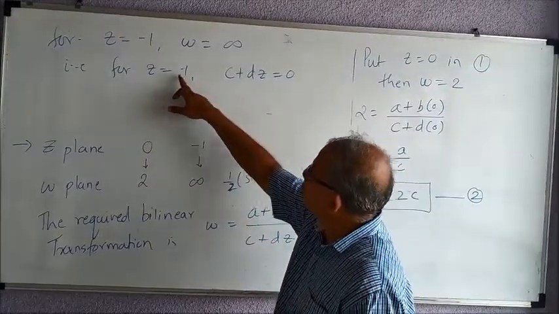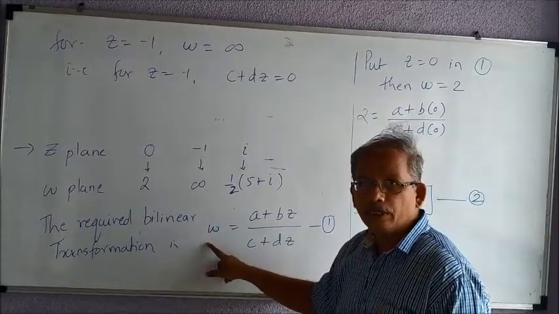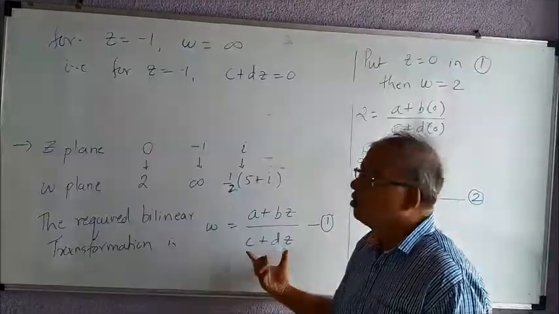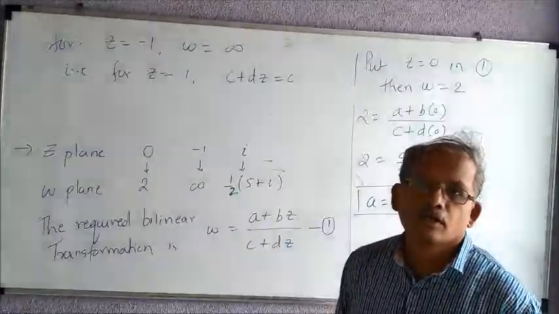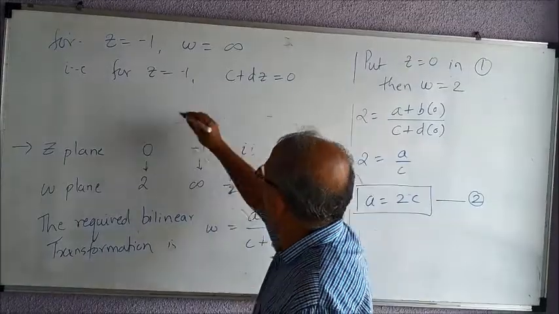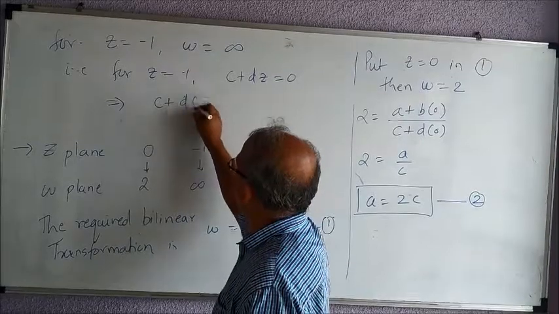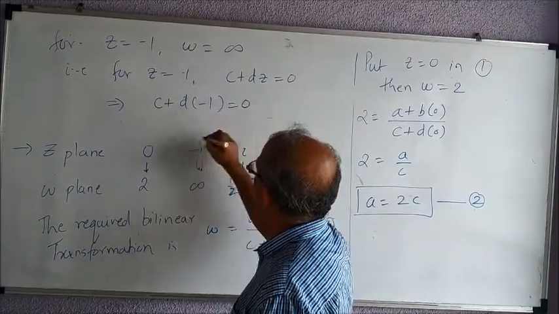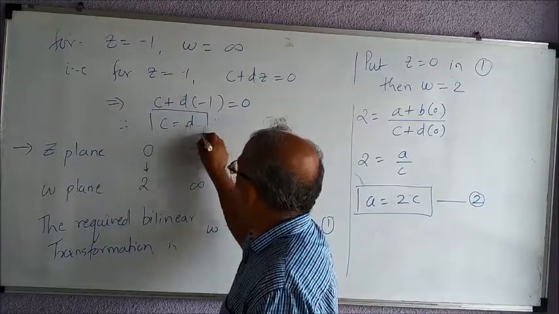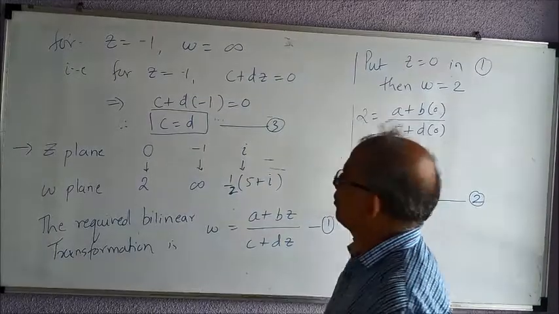Because anything will be infinity when the denominator is 0. So I can just work with the denominator. So C plus D into -1 is equal to 0, and therefore C is equal to D. So this is another relation that we have obtained. Let us call this as 3.